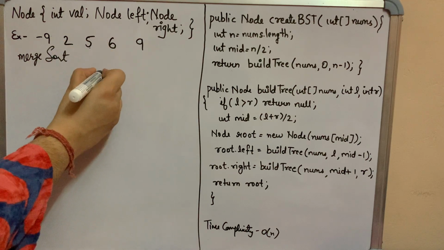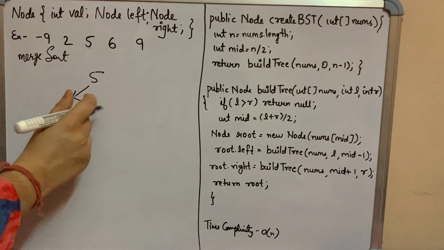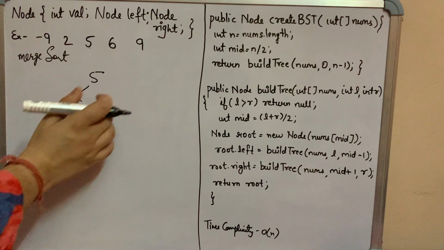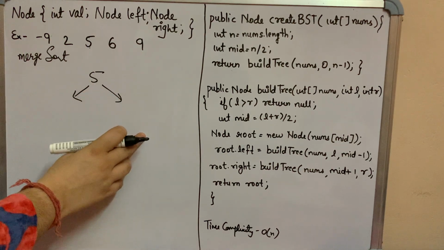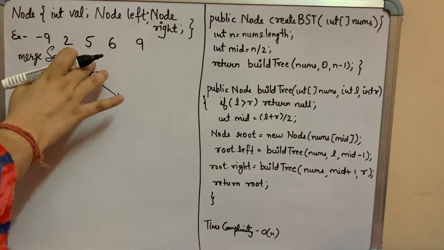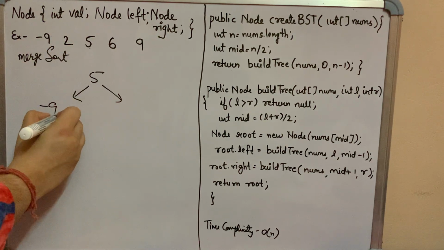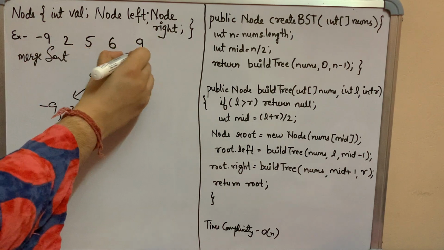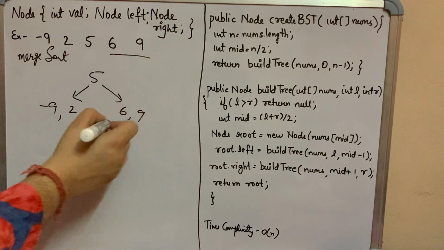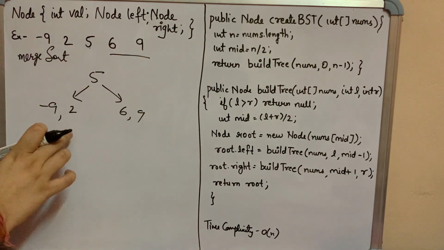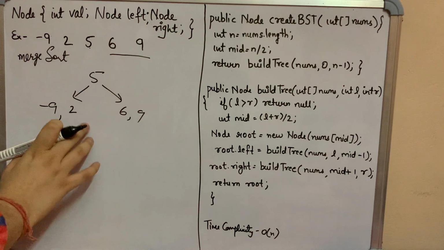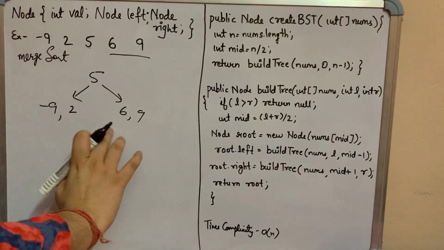Let's say this is 5, the values on the left should be less than 5 and the values on the right should be greater than 5. If you break it here, you can see that minus 9 and 2 should come on this side, and 6 and 9 should come on that side. So if this is your root node, then all the left children will have these values, and all the right children will have these values.